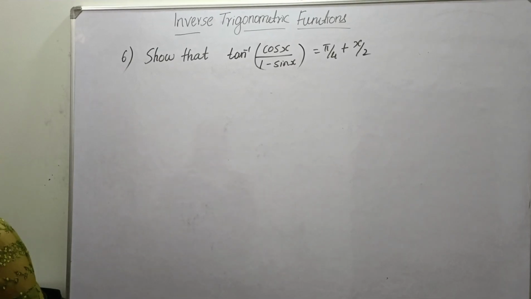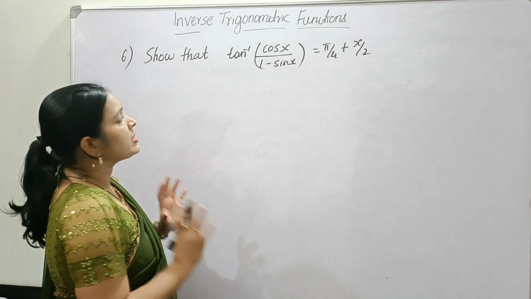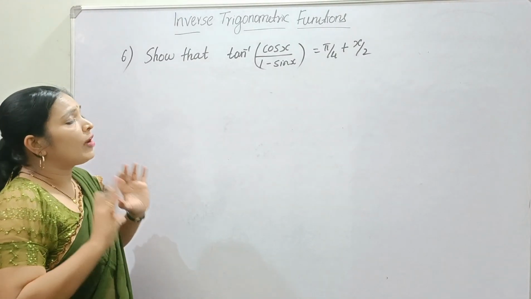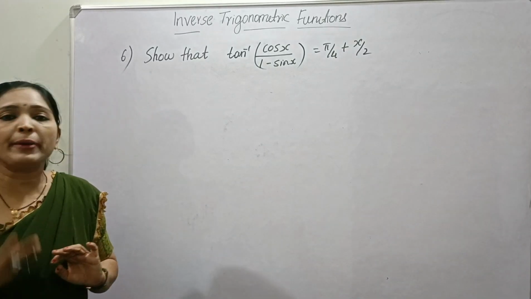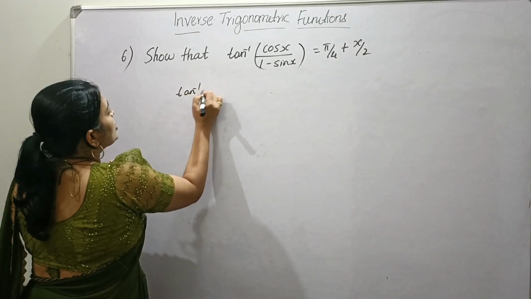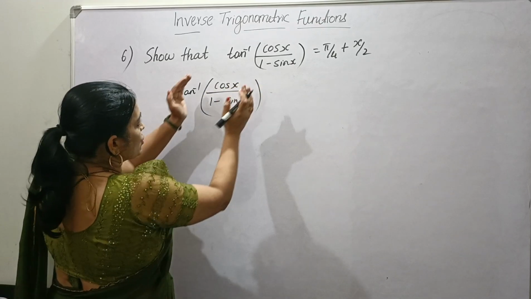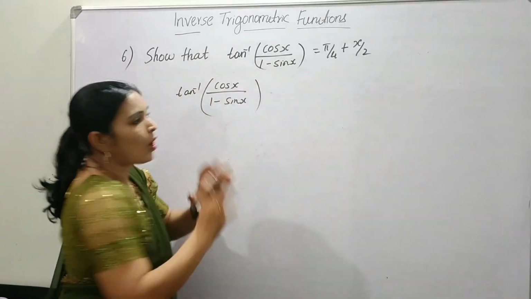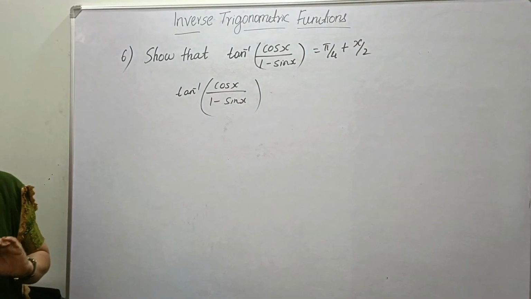Show that tan inverse of cos x divided by 1 minus sin x is equal to pi by 4 plus x by 2. So we have to simplify this one. First of all, we have to make this portion tan of something, so that we will be able to apply the properties of inverse trigonometric functions, right? So let us write the given function, tan inverse of cos x divided by 1 minus sin x. Here, see how cos x can be written.